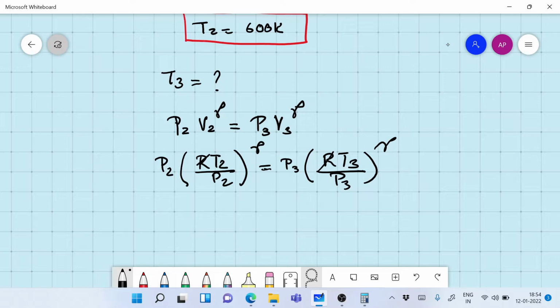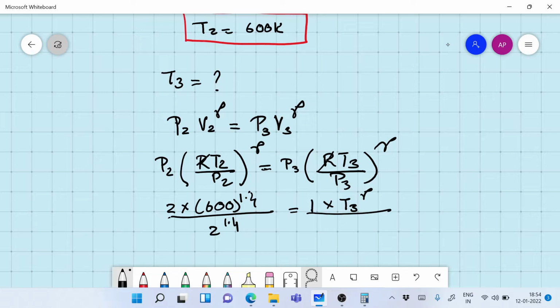And let's solve it. Remember, I prefer not to simplify things because we have modern day calculators which are very powerful and they can do a lot of number crunching. It is better to use the calculator rather than do a simplification. So what was P2? P2 was 2 bar into T2 was 600 Kelvin, the whole raised to 1.4 divided by 2 raised to 1.4 is equal to P3 is 1 bar into T3 is something which I do not know.